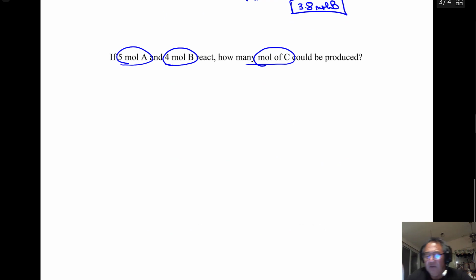But now that you're given 2, you have to calculate the moles of C that you can get from A, and then the moles of C that you can get from B. And then when you get those two numbers, you need to figure out which one is the theoretical yield, which is the most you can make in this reaction, okay?